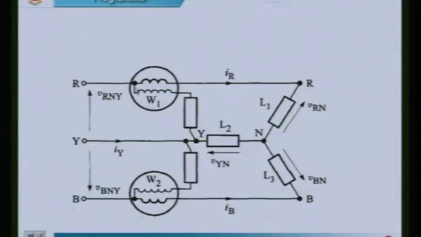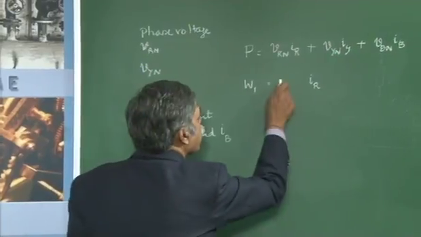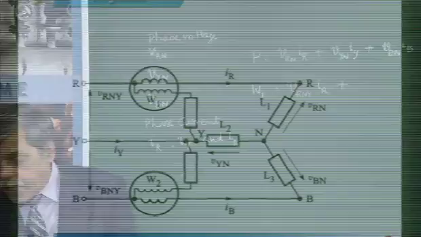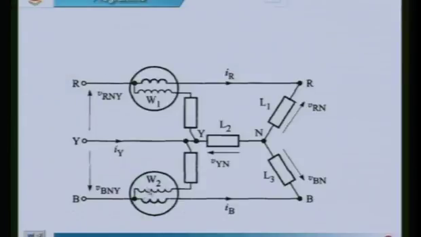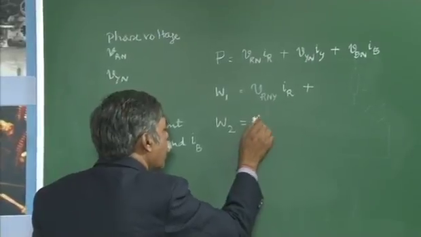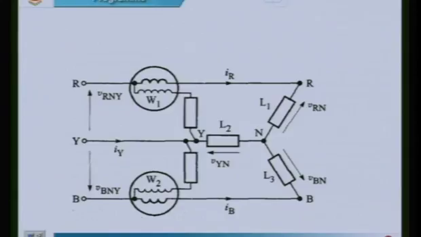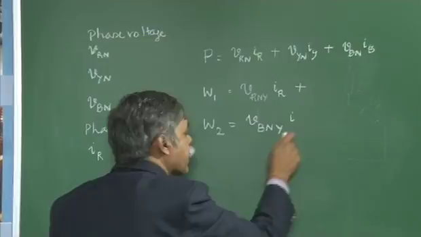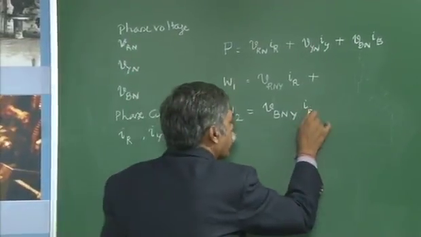The voltage between the lines R and Y, where the W1 potential coil is connected, is VRY. Similarly, for the reading of W2, the potential coil has the voltage across the points B and Y, so I write the voltage VBY, and the current in it is IB.